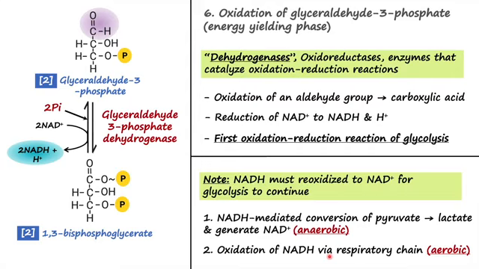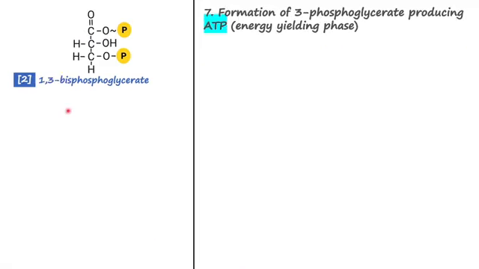So in short, if it is anaerobic glycolysis, NAD plus is obtained by NADH mediated conversion of pyruvate to lactate, and if it is aerobic glycolysis, NAD plus is obtained through respiratory chain mediated oxidation of NADH. So this is something very important to know, that if NADH is not reoxidized to NAD plus, that can actually inhibit the glycolysis pathway.